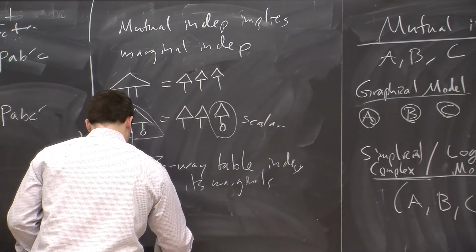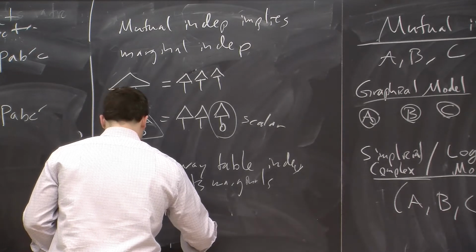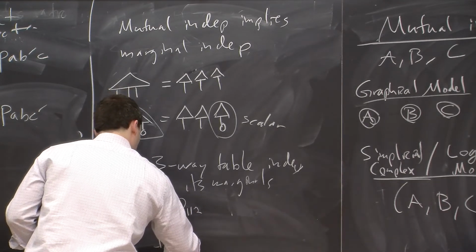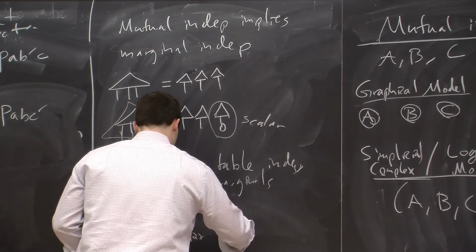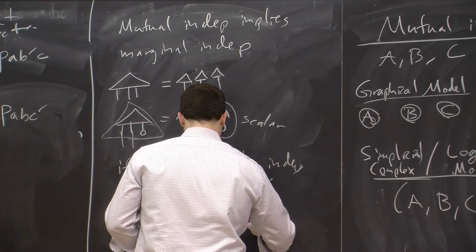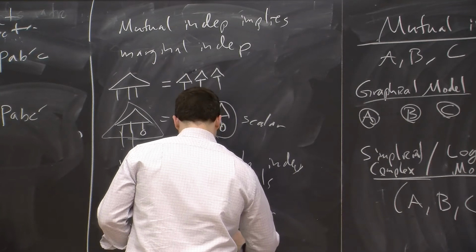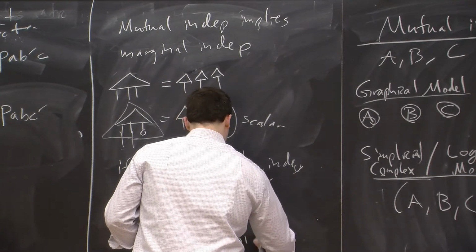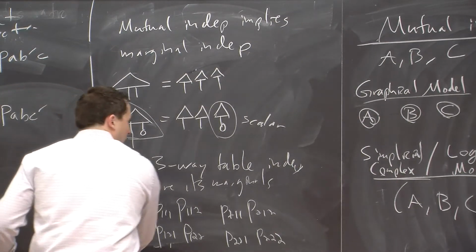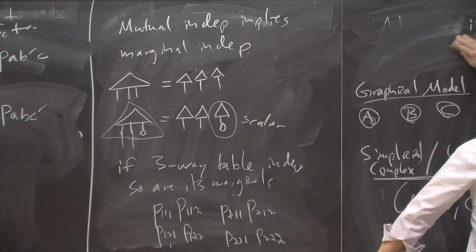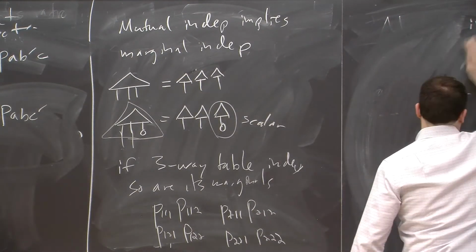If I have some big table, with entries P 1 1 1, P 1 1 2, P 1 2 1, P 1 2 2, P 2 1 1, P 2 1 2, P 2 2 1, P 2 2 2, and I tell you that it's independent, then its marginals will also be independent, its conditionals will also be independent.